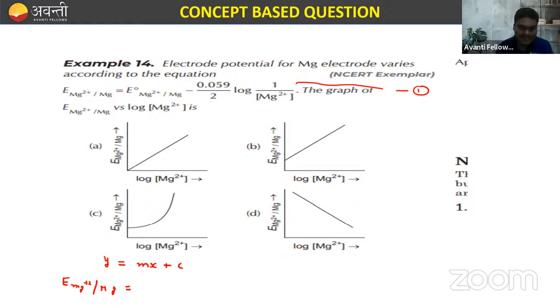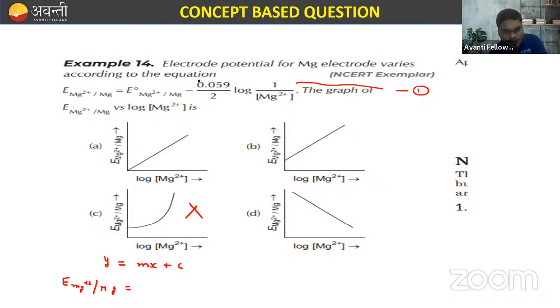So can anyone tell me which graph is the correct one, A, B, C, or D? This is not a straight line curve, so this is incorrect. This is a straight line curve, this is also a straight line curve, and this is a straight line curve with a negative slope. So which of the following is correct? Tell me quickly.